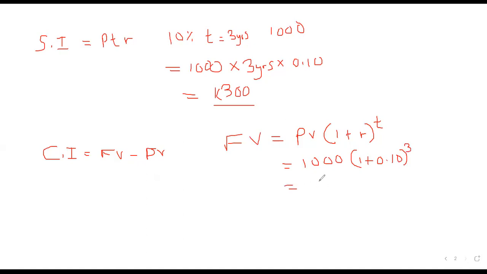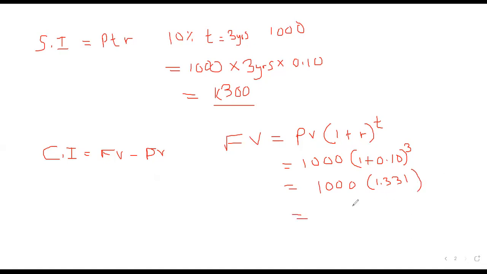So here we're going to get 1,000, and here we're going to get 1.1 to the power 3. What is 1.1 to the power 3? 1.331.